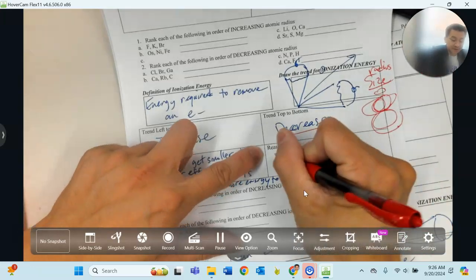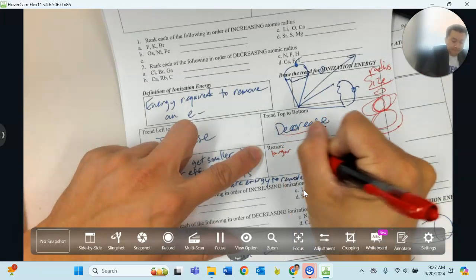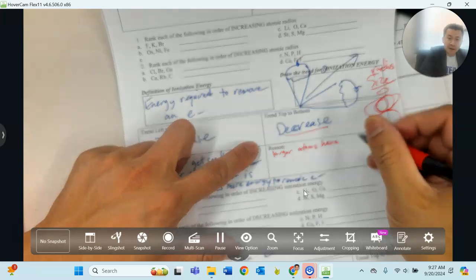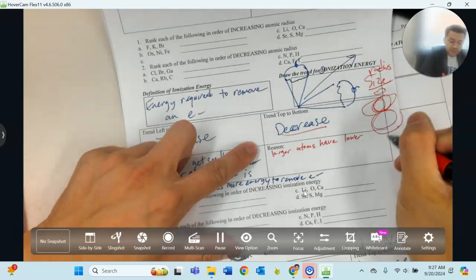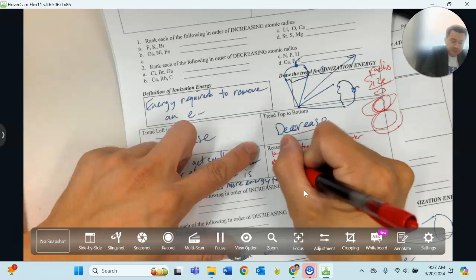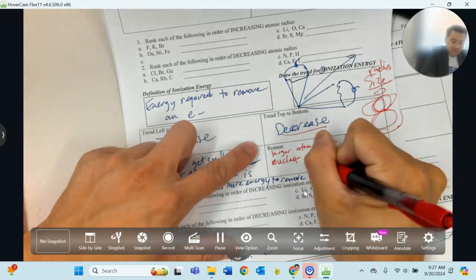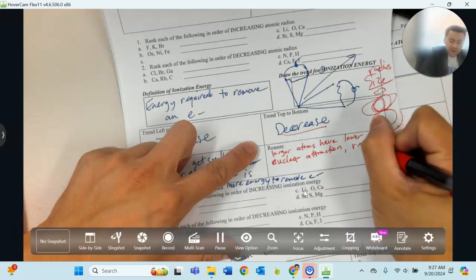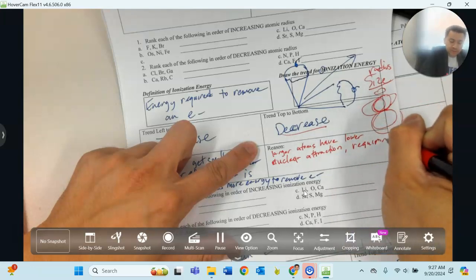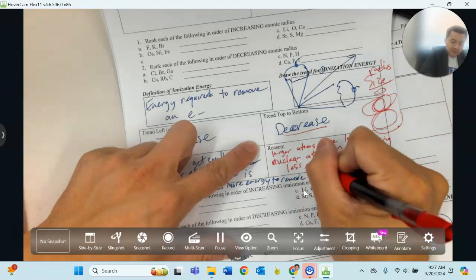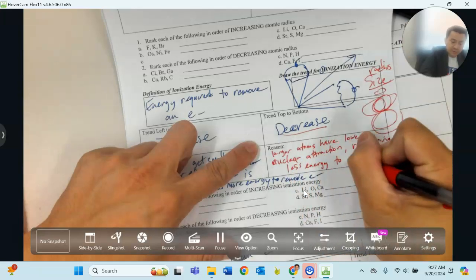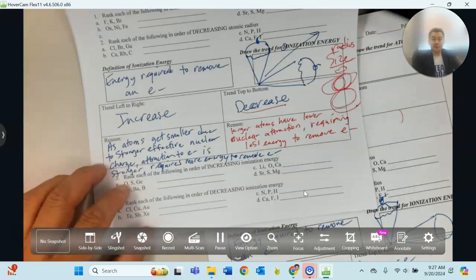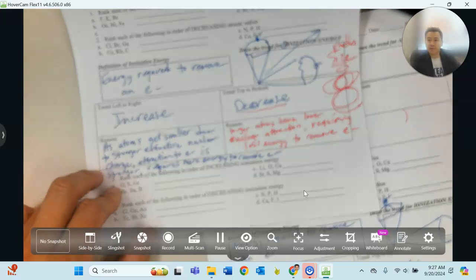So larger atoms have lower nuclear attraction, thus requiring less energy to remove an electron. Writing is really hard to fix now.